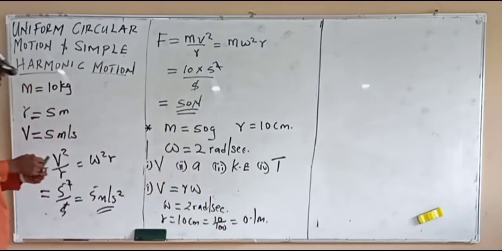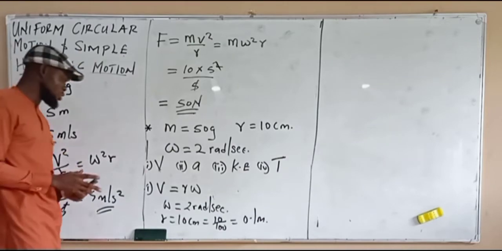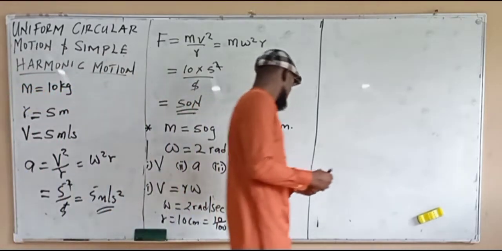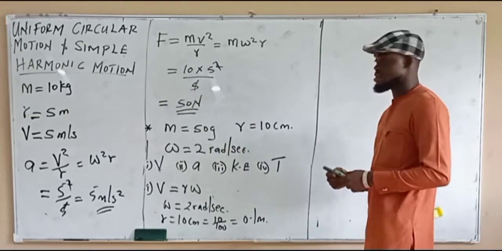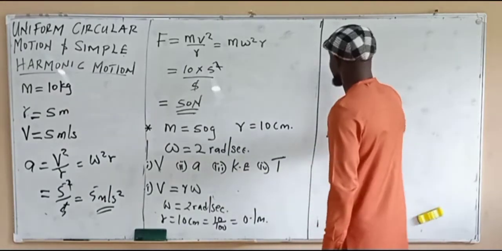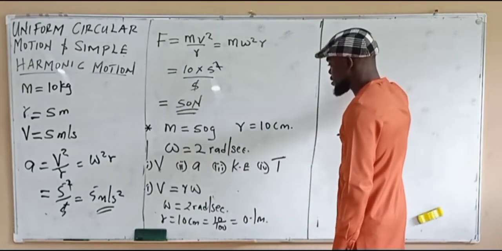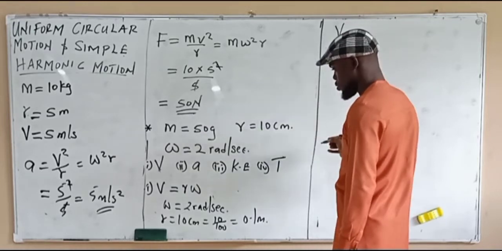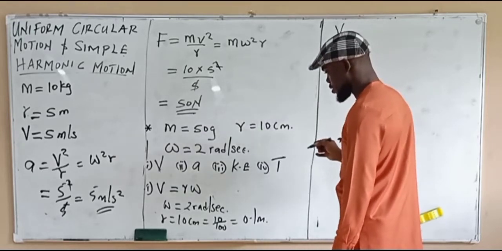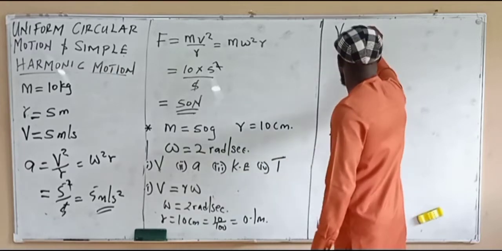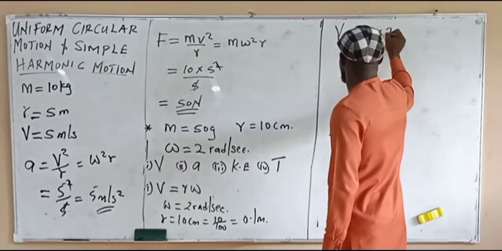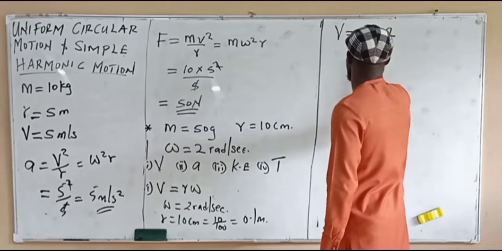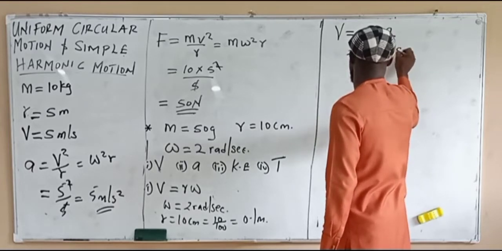When you go from cm to meter, you divide by 100. That's how you go back to the right unit, meters. Our v will automatically be r times omega, 0.1 times 2, which gives us 0.2 meter per second.